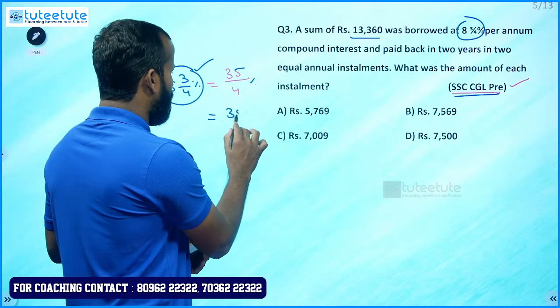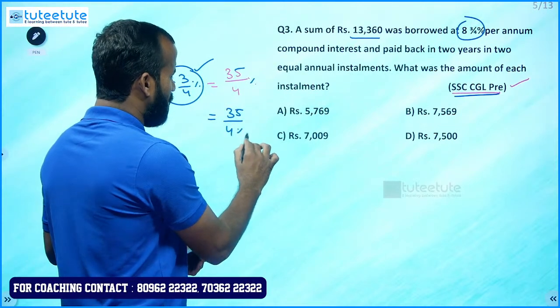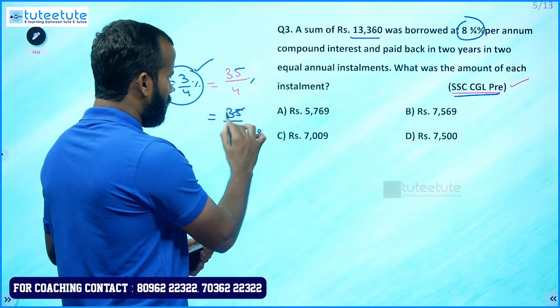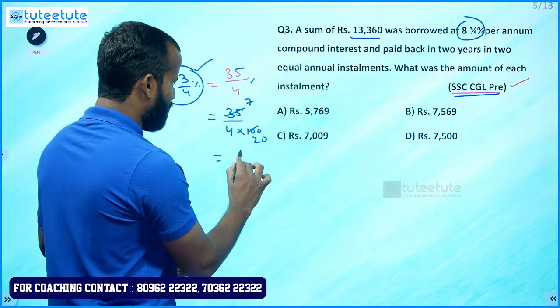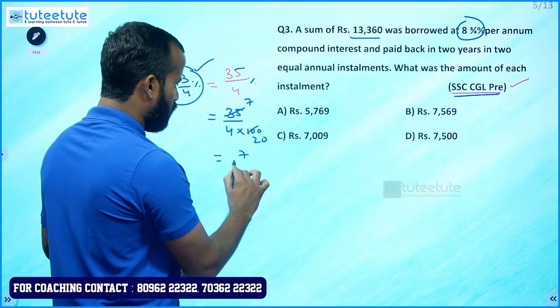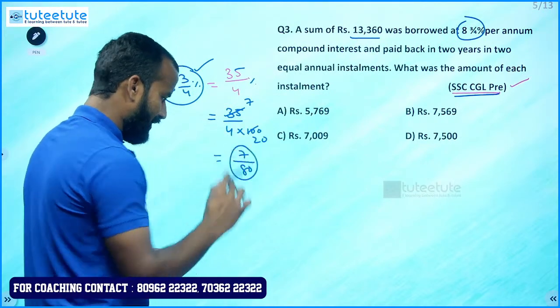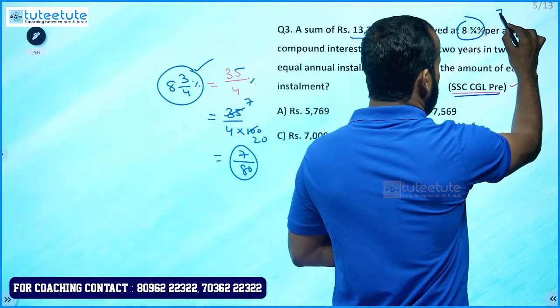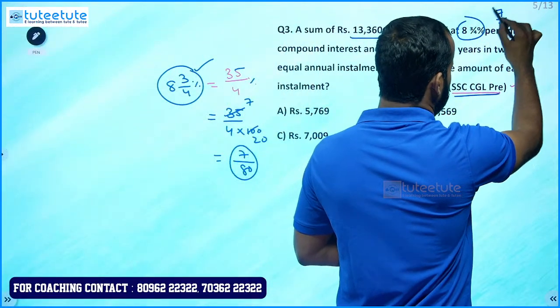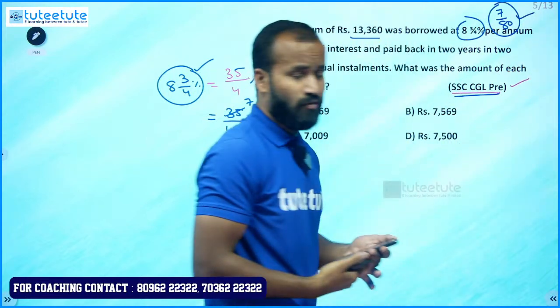So 35/4 with the percentage removed means divided by 100. Like 5 sevens are 35, 5 twenties are 100. So what is the value? 7/4 into 20, 80. 7/80 will be the fraction value of this. So this is the fraction value of that particular percentage.